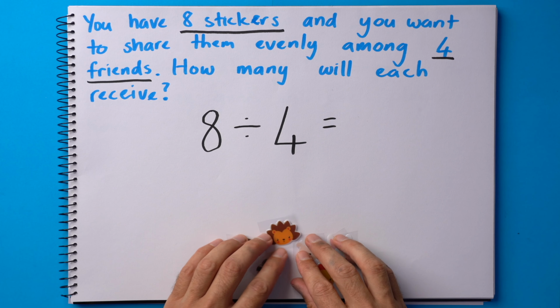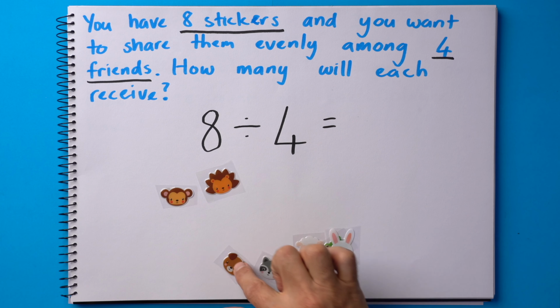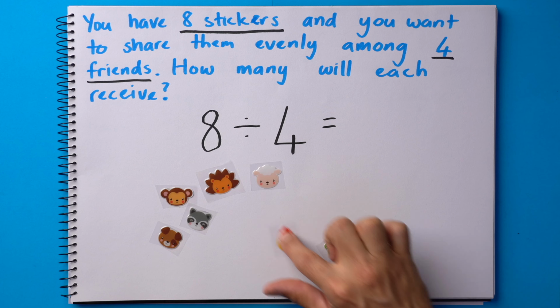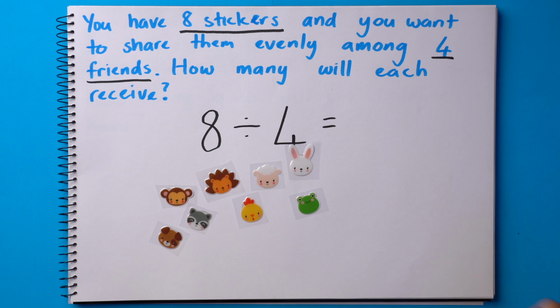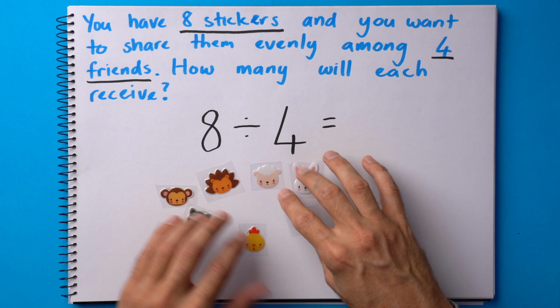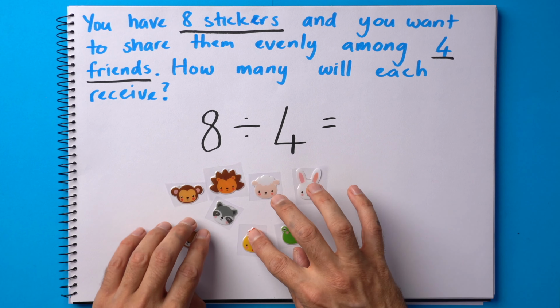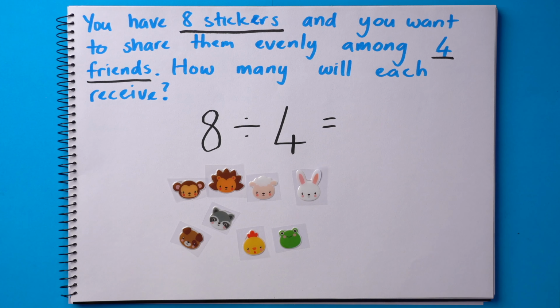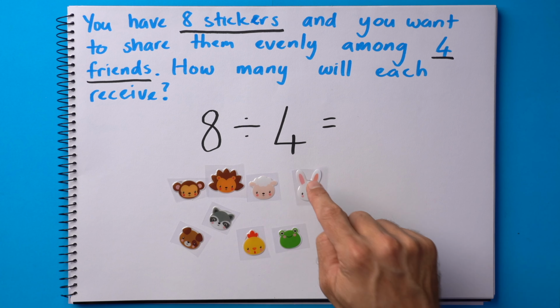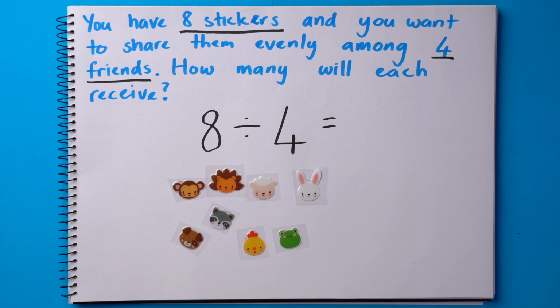The third step I'm going to do to illustrate this principle is I'm going to use some physical materials. I've got some stickers, 5, 6, 7, 8, and there should be 8 of them. So what I have here is a collection of 8. 1, 2, 3, 4, 5, 6, 7, 8.